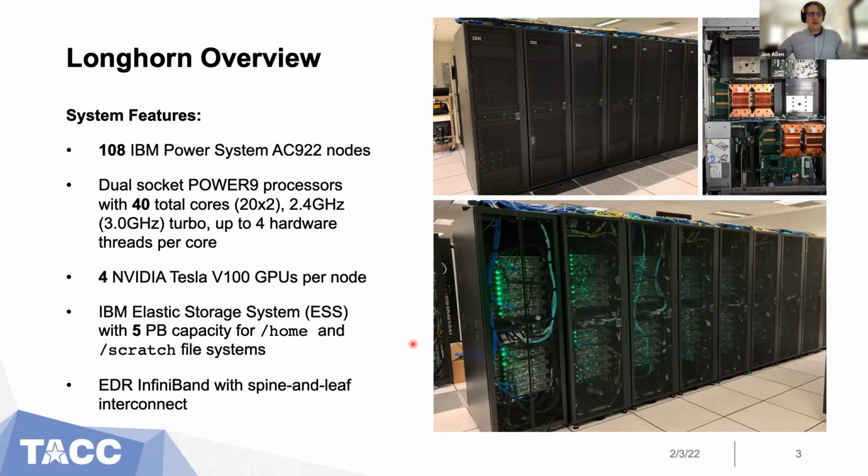for future self. So Longhorn is our newer IBM system that's recently been opened up to Texas researchers through an allocation process I'll talk about at the end. It's comprised of 108 IBM Power System AC922 nodes, where each node has 2 Power 9 processors with 20 cores each, so 40 cores total.